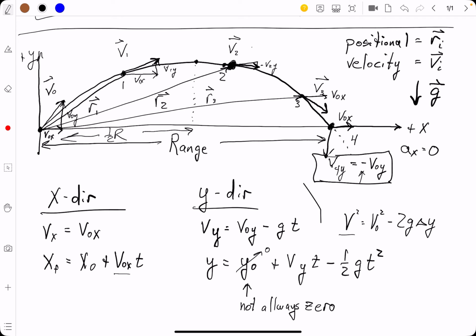And this is our top. So we'd have V top is simply, there's no Vy because Vy is 0. So V top has to be V naught X completely.